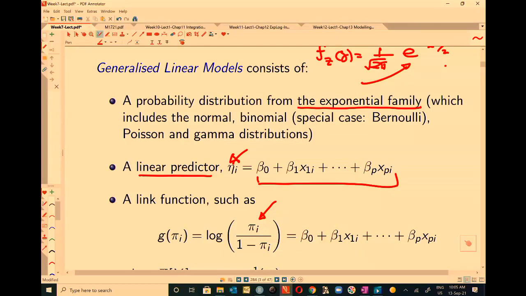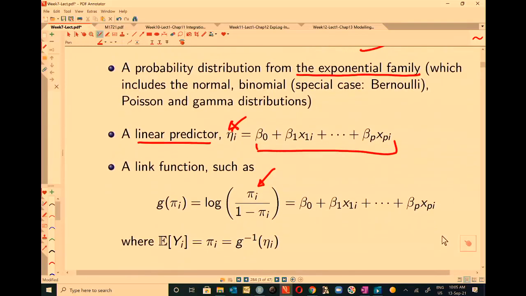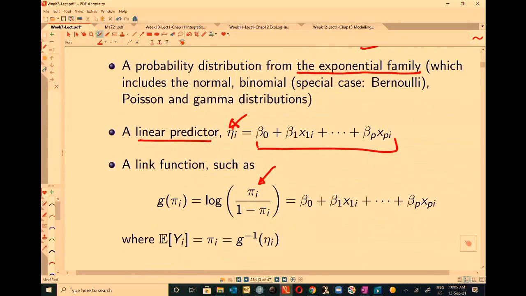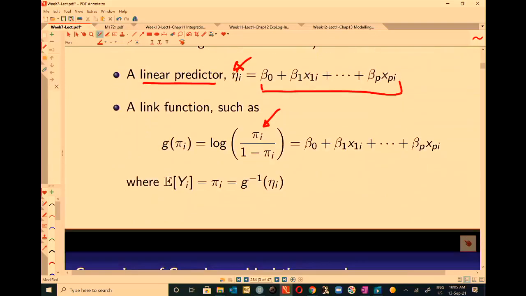So we're modeling the logistic probabilities for the individuals according to the other measurements that characterize the data. The expected value of y i, the observations y1, y2, and so on, is pi i, the binomial probability, and there's the inverse of this link function over here. Those things we saw last week.